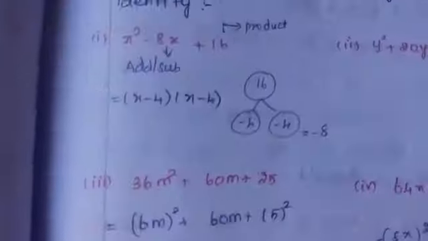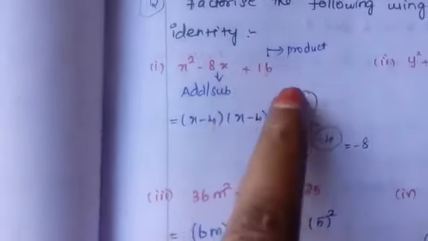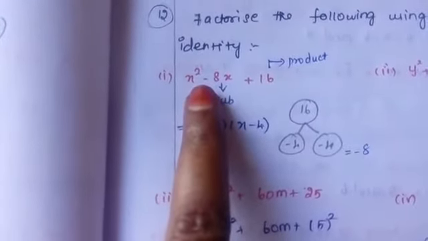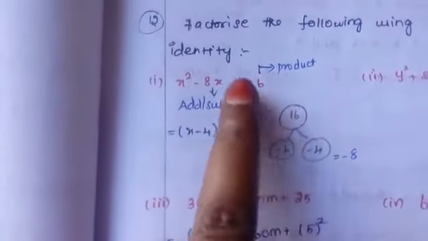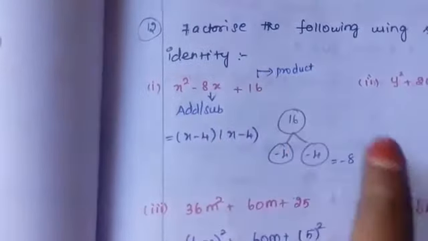Next, factorize. It's a new concept for you. Factorize means we want to consider the last term as product term, the middle term as addition or subtraction term by separating. Here 16 and then minus 8.